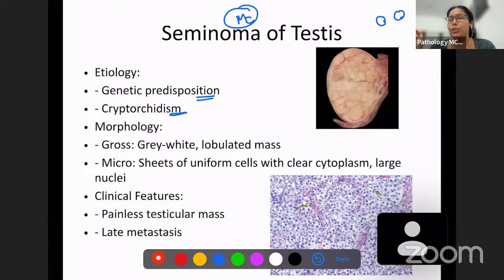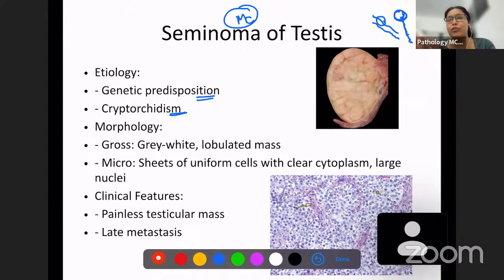And during development, testes slowly descend and they come into the testicular sac. So this descent of testis does not happen in certain conditions which will lead to cryptorchidism. That means the testis does not descend into the testicular sac. So in that case, testis will remain in the abdomen and this is known as cryptorchidism.